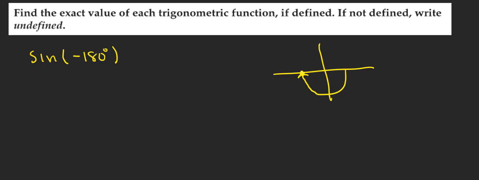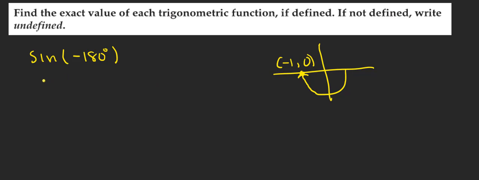Now let's choose a convenient point that is on the terminal side. How about negative 1, 0? Now you could choose negative 2, 0 or negative 3, 0. It doesn't matter, but negative 1, 0 is a commonly used convenient point when the point is on the negative x-axis.